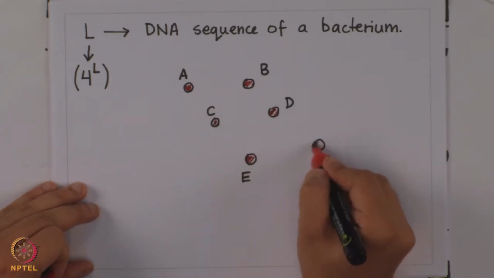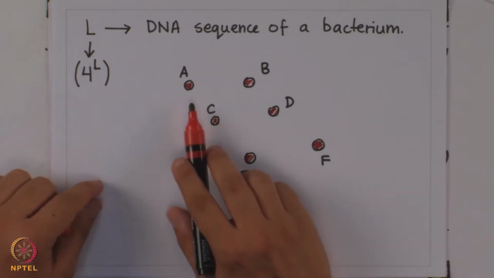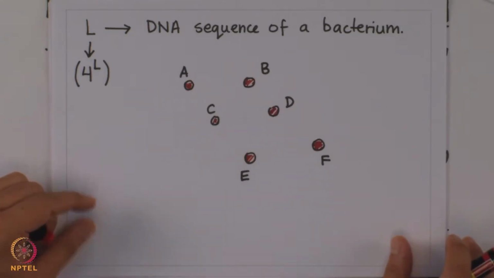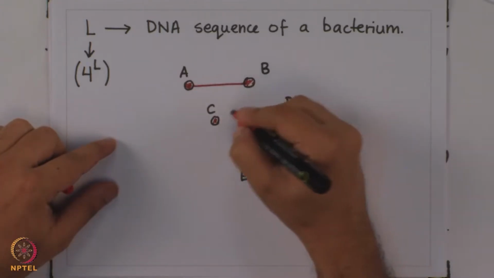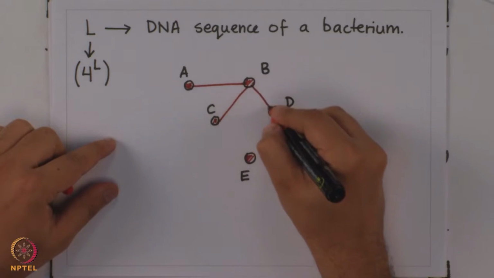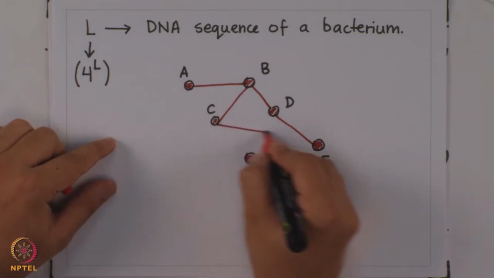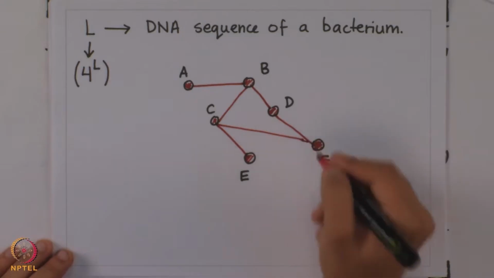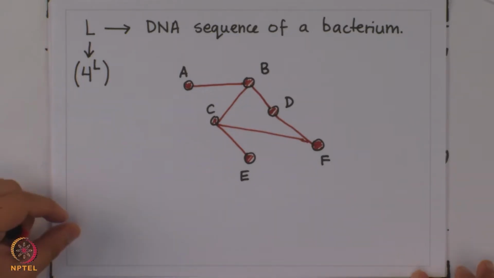So, we are going to establish these connections, and a connection would mean that you can go from one node to another by acquisition of a single point mutation. And if that is the case, let us define these relationships to be of this sort. Let this be the graph that we are talking about. So, you can see connections between some of the nodes, but all possible connections do not exist on this graph.